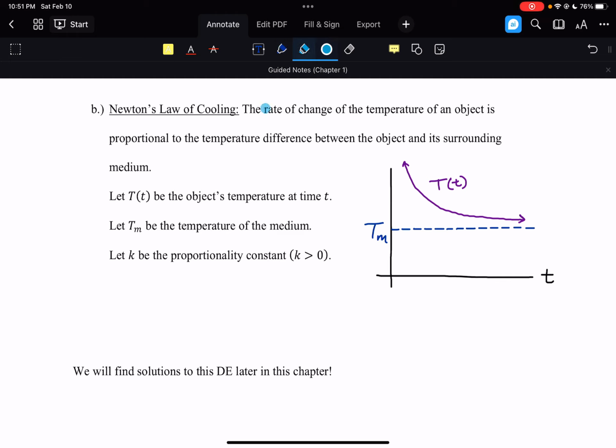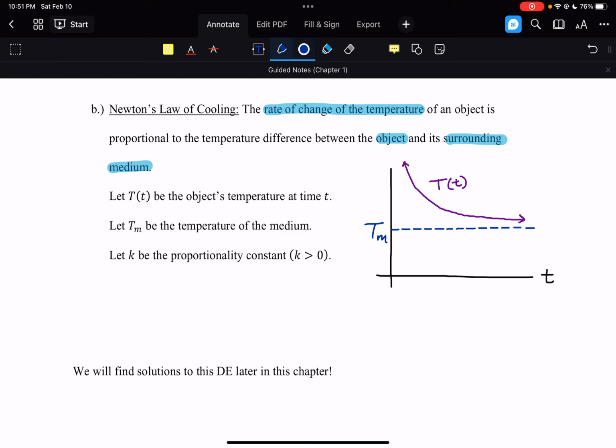So basically, the bigger the temperature difference between the object and the room that it's in, the faster the object will cool, the faster that rate of change will be.